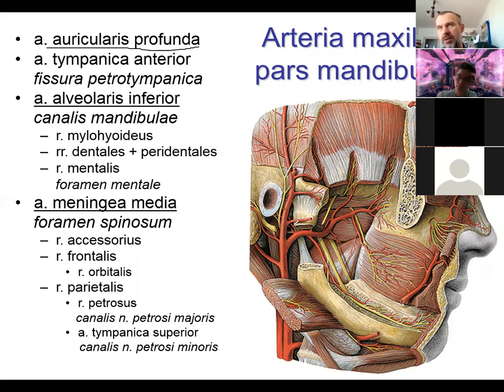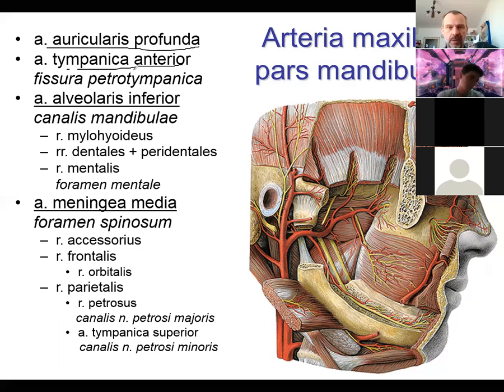The second branch is the anterior tympanic artery. You already know this artery as it supplies the tympanic cavity from ventrally, so it enters via the petrotympanic fissure together with the chorda tympani. So this is the third artery which supplies the tympanic cavity. That's an interesting one.